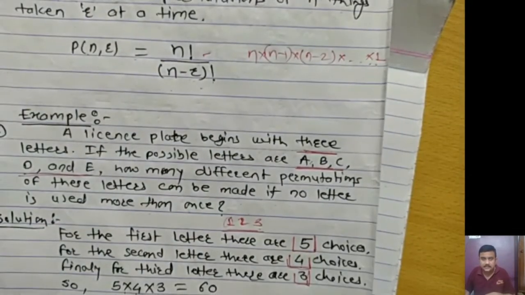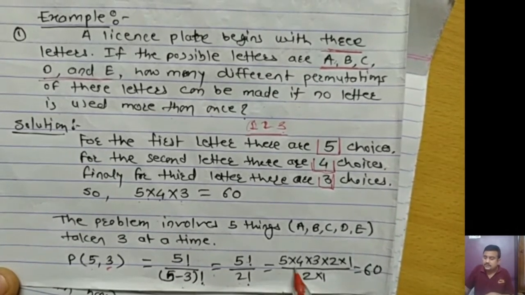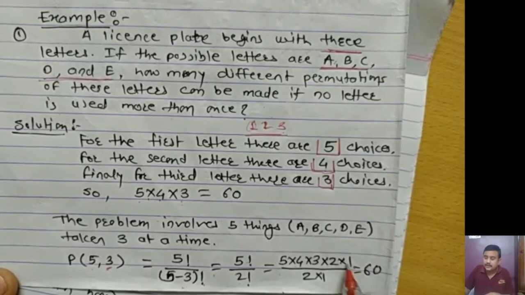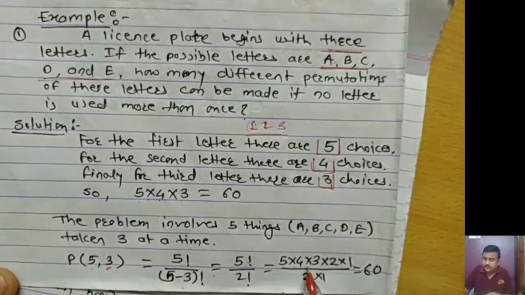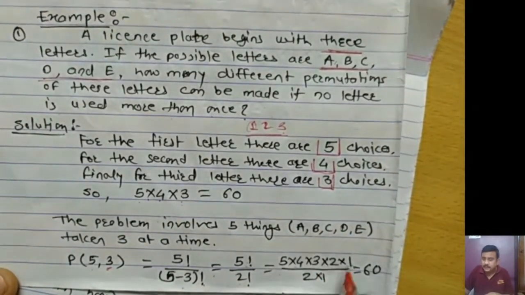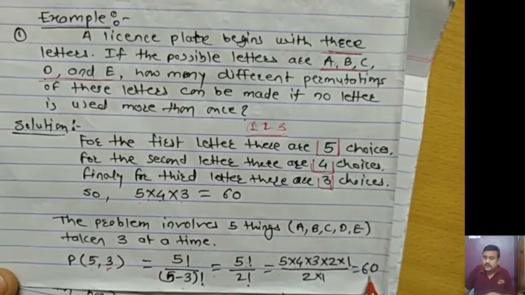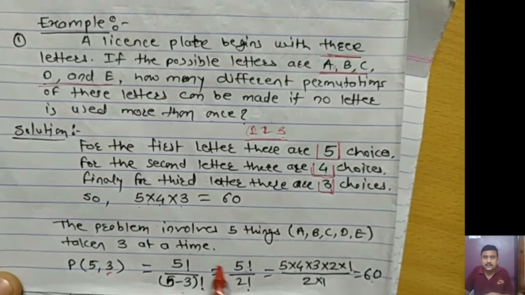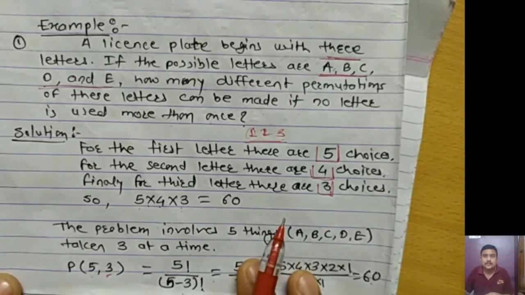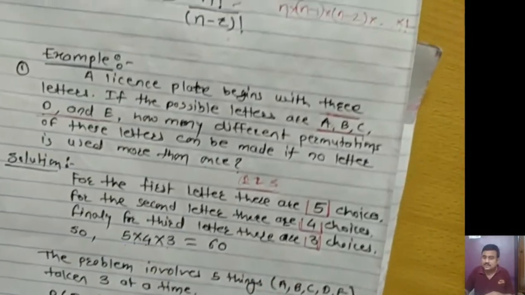So 5 factorial divided by (5 minus 3) factorial equals 5 factorial divided by 2 factorial. 5 factorial can be written as 5 multiplied by 4 multiplied by 3 multiplied by 2 multiplied by 1, divided by 2 factorial, which can be written as 2 multiplied by 1. When we solve this we get 60. So out of 5 letters, if we are going to use 3 letters, then the total arrangements without repeating any alphabet equals 60.